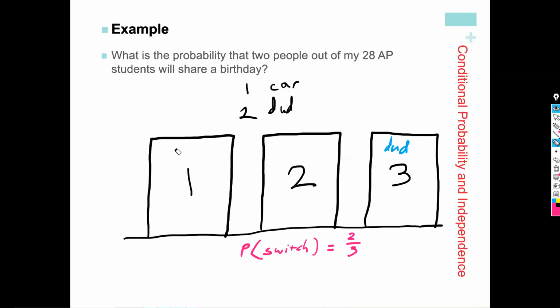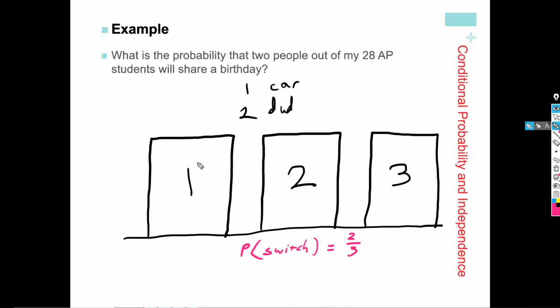The reason is that we know if they opened up a door at random in that second stage of the process, then it would be just as likely to switch. But it is because we know that they are opening up a dud prize that has nothing behind it, that it is more advantageous for us to switch.